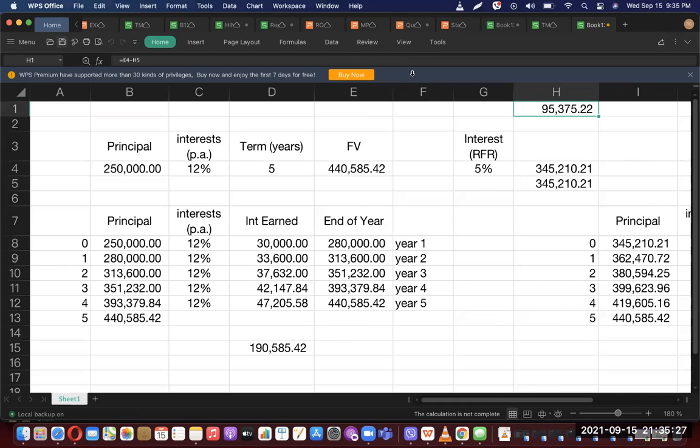total for 5 years, I can, the value now is, okay, ipapackage ko to, no? Gagawin ko tong investment. It's like saying, okay, 250,000, tapos mag-earn siya ng 12% per annum, I will give you 345,210.21 today. The same yun.